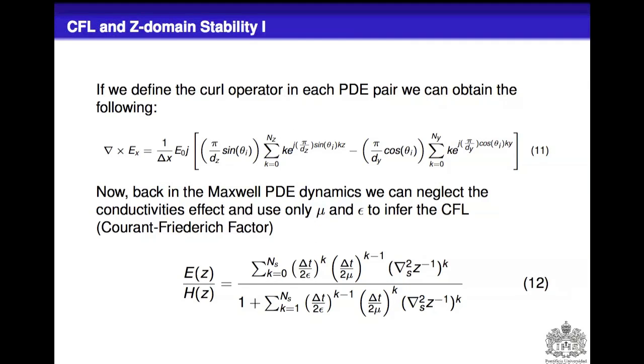Then if we analyze the curl operator, taking this kind of expression into account, we could arrive at expression 11, that is totally linearized by a term that depends on the dispersion per each axis. Then we can relate the expression per x-axis with the stability condition in terms of the zeta axis.